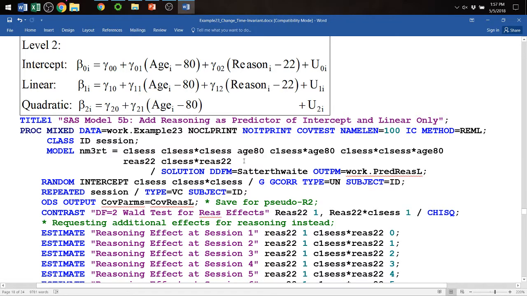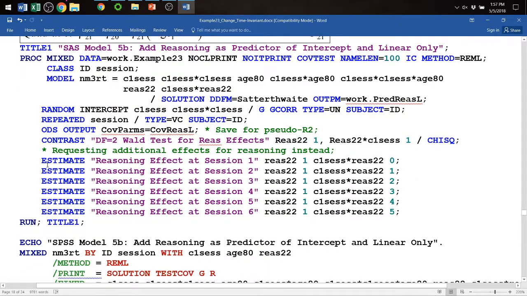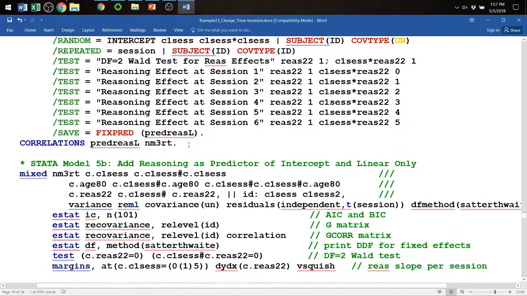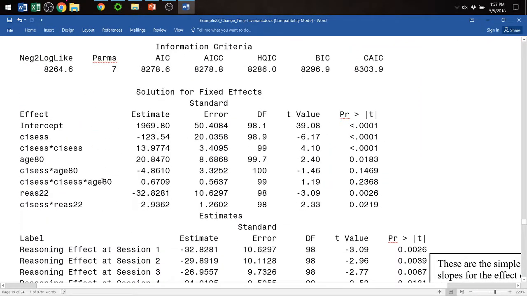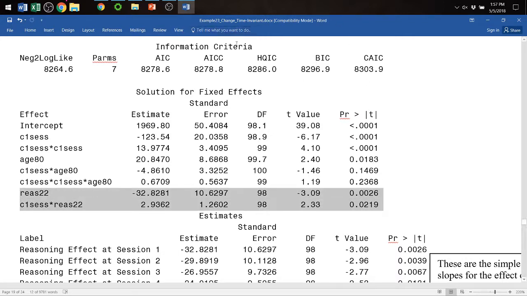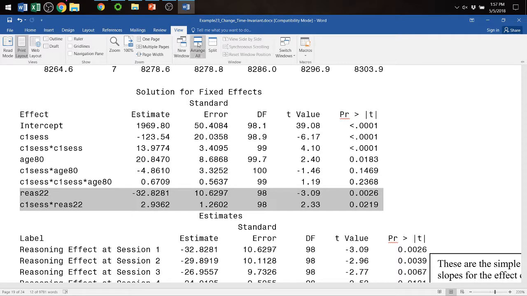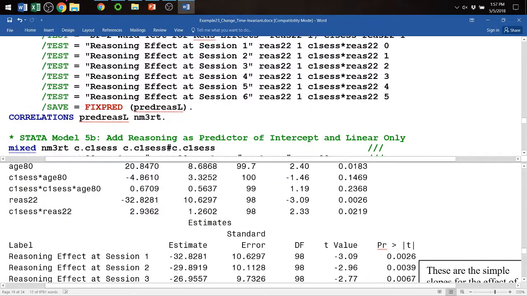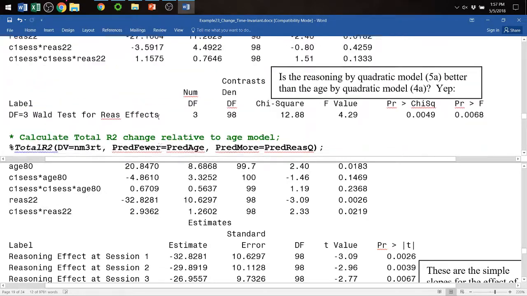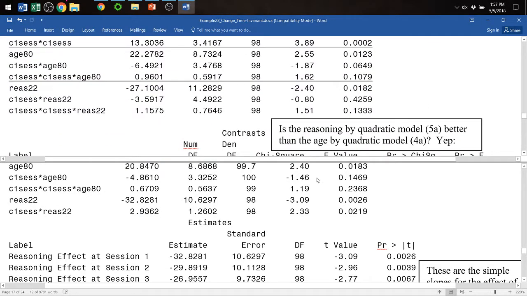So I've dropped the quadratic term. I've added some statements to illustrate the simple effect of reasoning at each session now from just linear changes in the effect of reasoning over time. And lo and behold, so let me go back and compare side by side what it was before and what it is now.